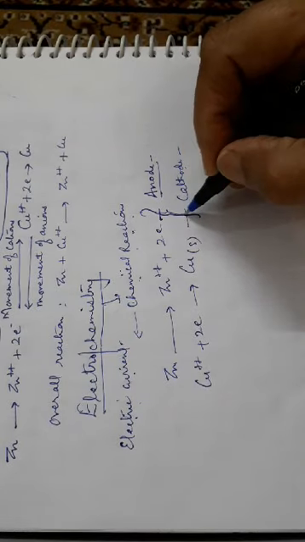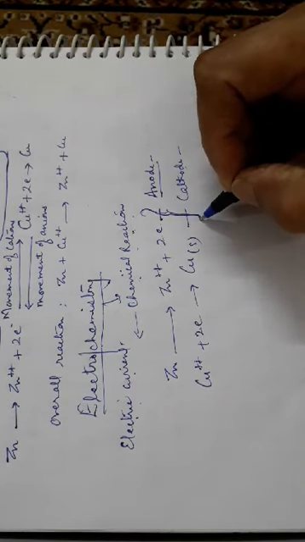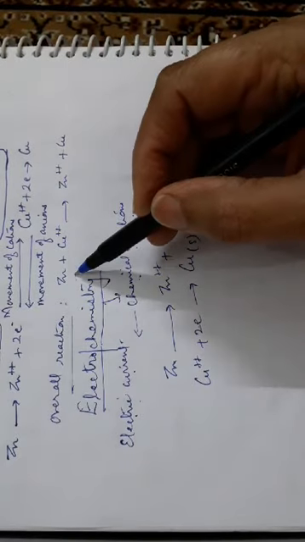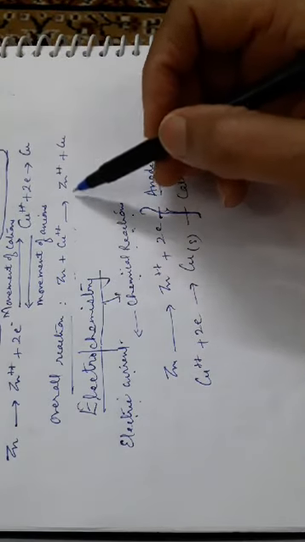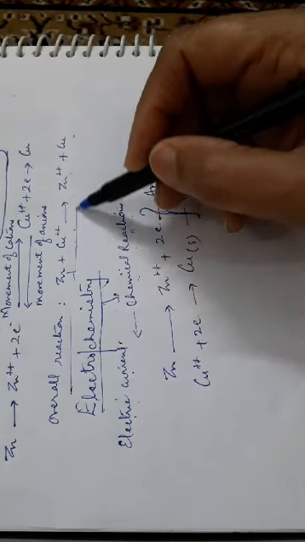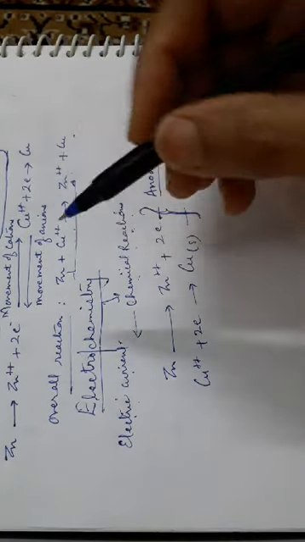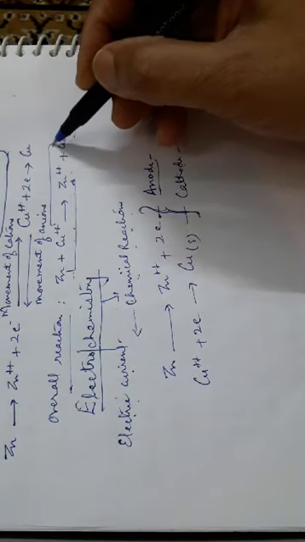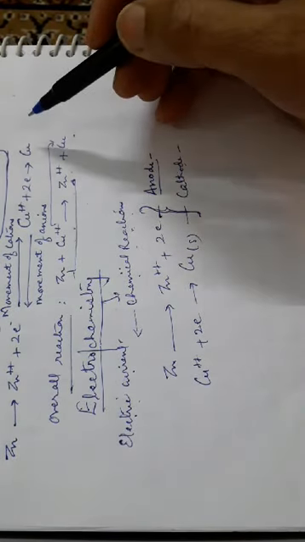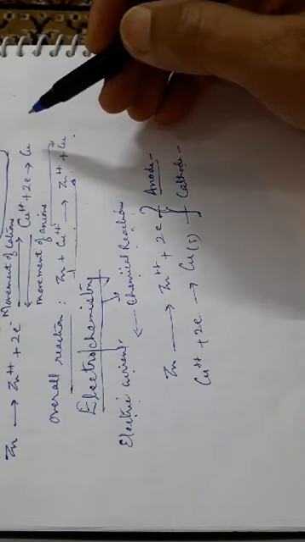These two half cell reactions are combined to give us the overall reaction, that is zinc plus copper ions giving zinc ions and copper. You can see in this reaction also, zinc metal is getting oxidized and copper ions are getting reduced to copper. So this is the overall reaction that is taking place in this galvanic cell.